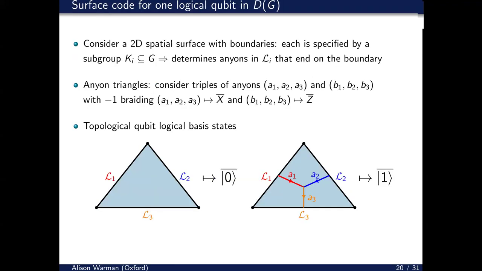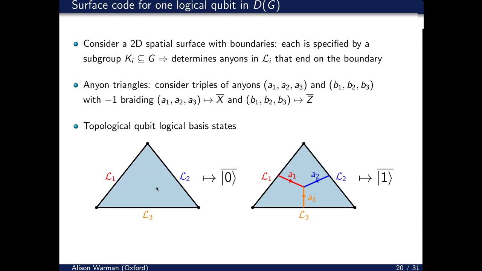Now, how do we do this? The key idea is to first encode logical information in these global topological degrees of freedom. To achieve this, we'll define the trivial logical state as just an empty patch with no anyons, and the non-trivial logical state as being obtained by a trivalent junction of anyons ending on these boundaries.